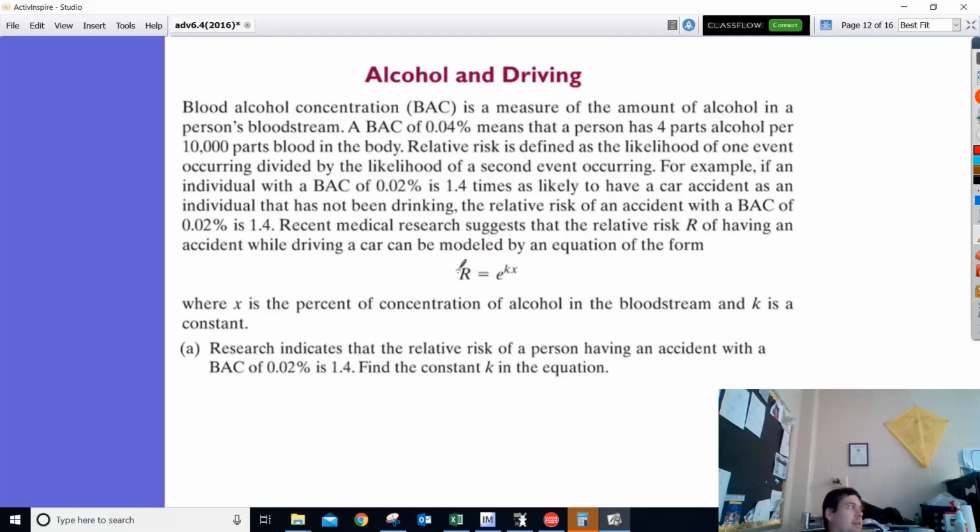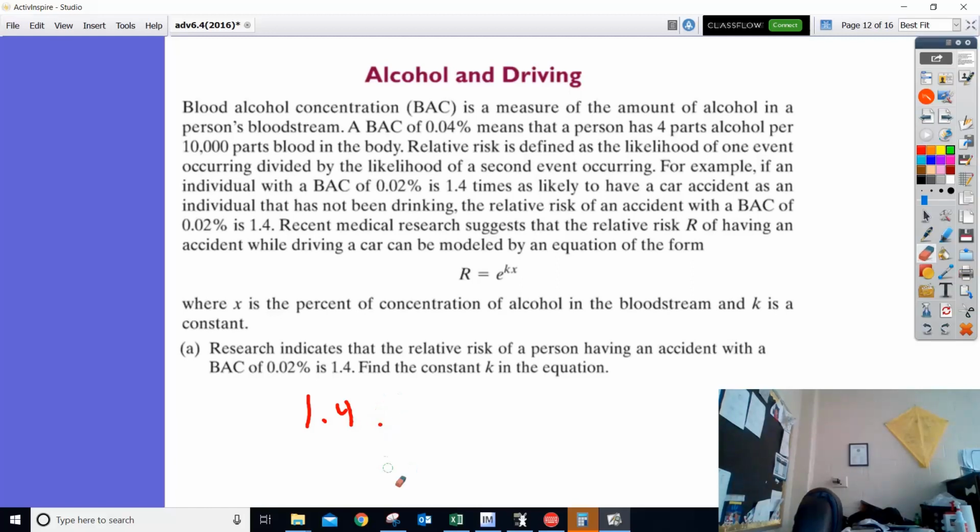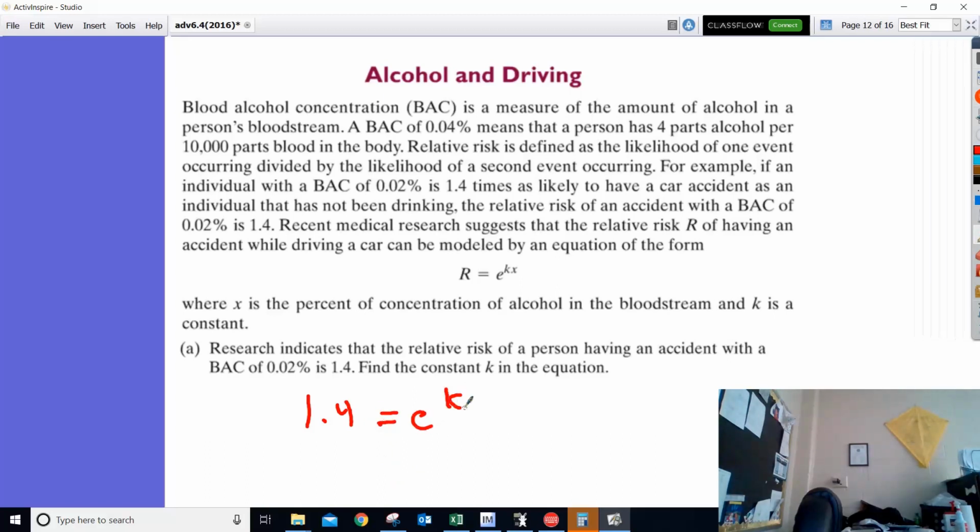R stands for risk, doesn't it? 1.4. e to the k, don't know the constant, that's the goal. You read the text, X is the percent concentration of alcohol in the blood. So what's X? 0.02.